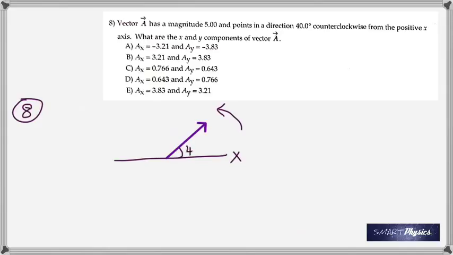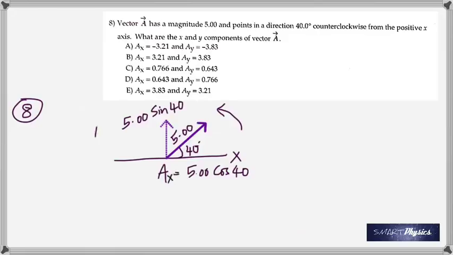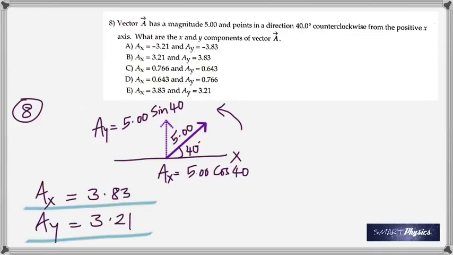And just break it up into its components. It'll be 5 cos 40 and 5 sin 40. Those are the components, AX and AY. So AX is 3.83 and AY is 3.21.